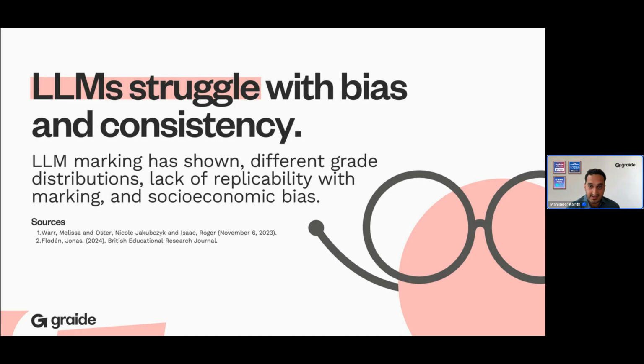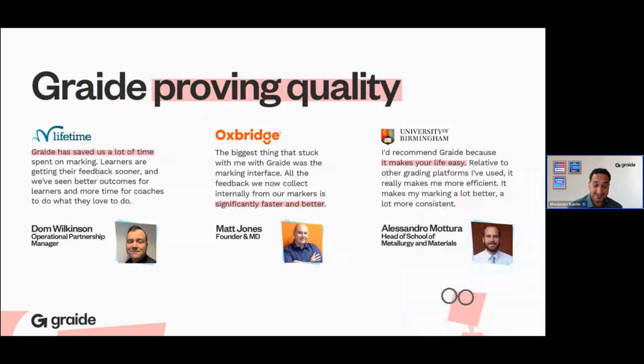So what I mean by that is they were able to tweak the responses to indicate that the student came from maybe an affluent background or not, and the resulting grade changed as a result, which is quite concerning to me.